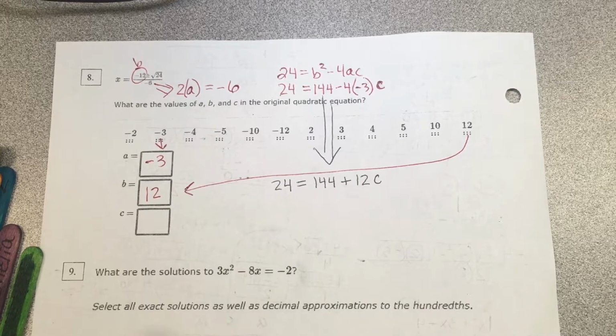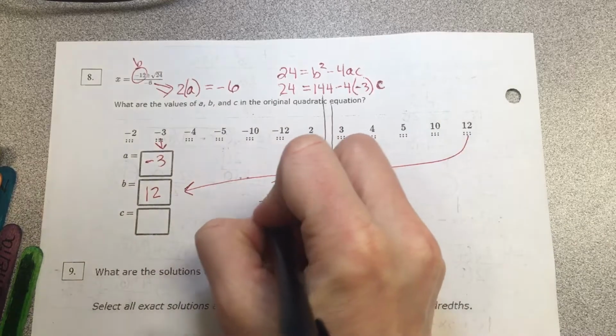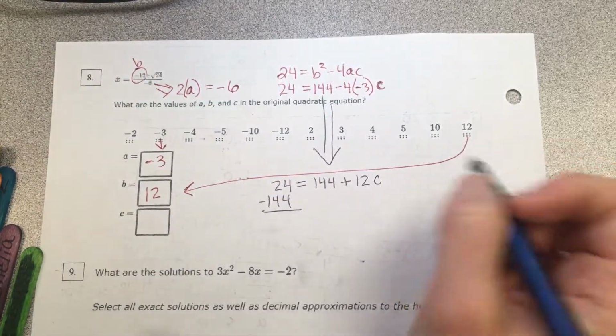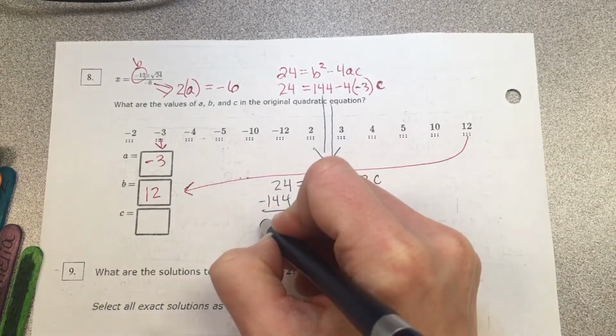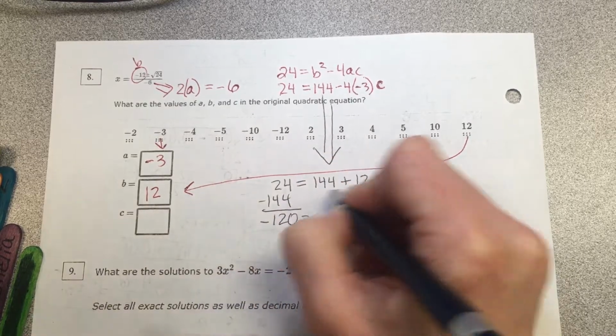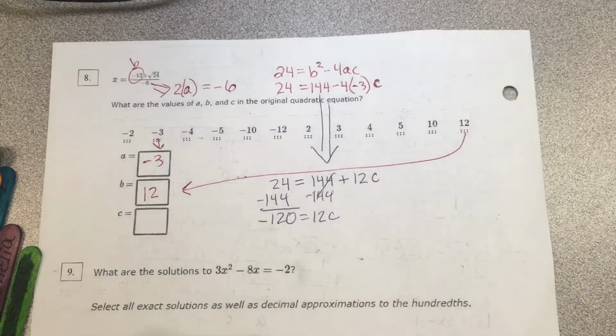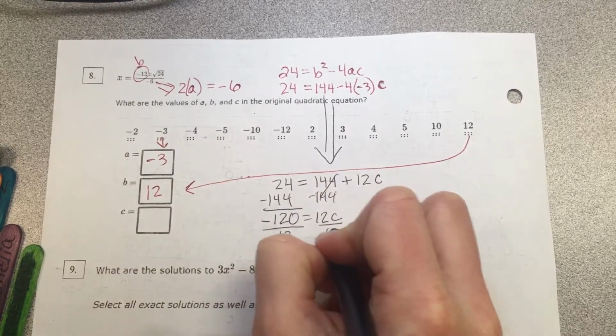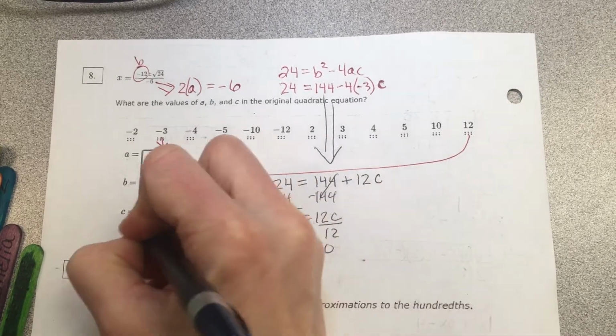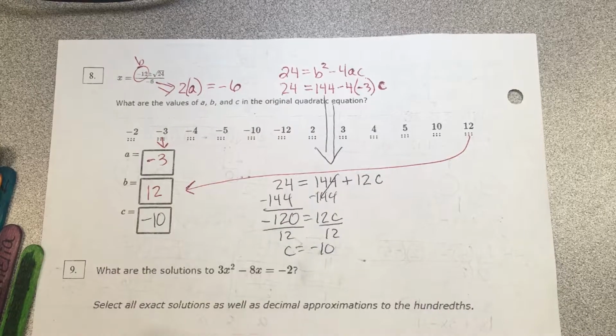Very good, 144, and I would subtract it. Somebody type that in their calculator for me. What is it? Okay. And then divide both sides by 12. C is -10. Okay.